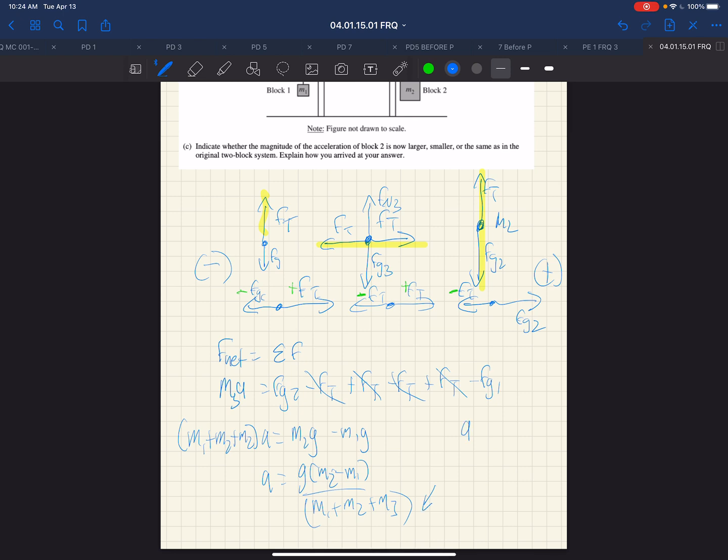So the acceleration will be less because the same net force, which is FG2 minus FG1, is now accelerating a greater mass. And that's this question.